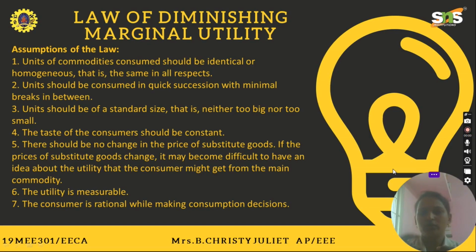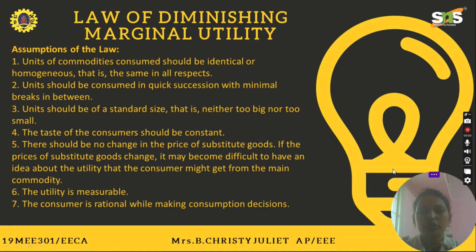If you consume your favorite meal from your favorite spot once in a year, then of course this law will fail, because the satisfaction level for so much gap will vary. So this will not hold good when you have a huge gap between each unit consumed.